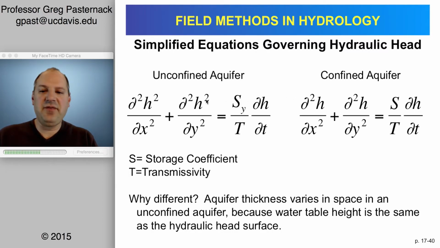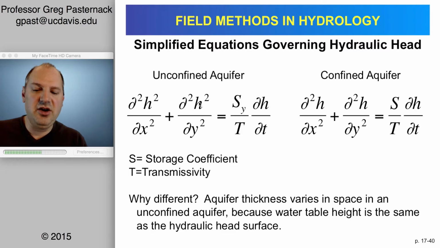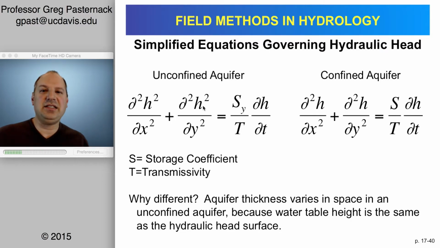Now, the only difference between these two equations that you see here is that we have an h squared instead of an h. Without going through the derivations and without expecting you to learn those derivations, it basically has to do with the fact that aquifer thickness is varying in space in an unconfined aquifer, so we have to carry through that thickness as a variable and not just treat it as a constant the way we can pull it out over here.